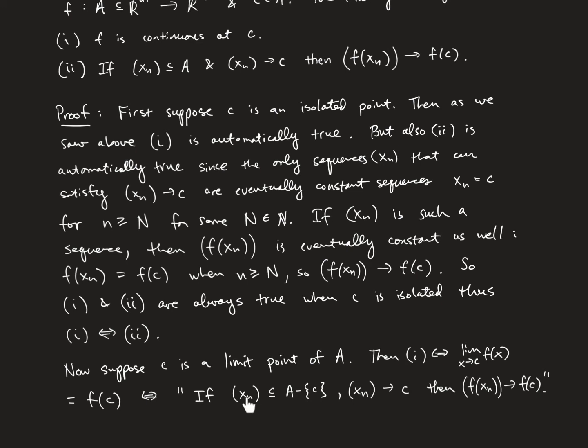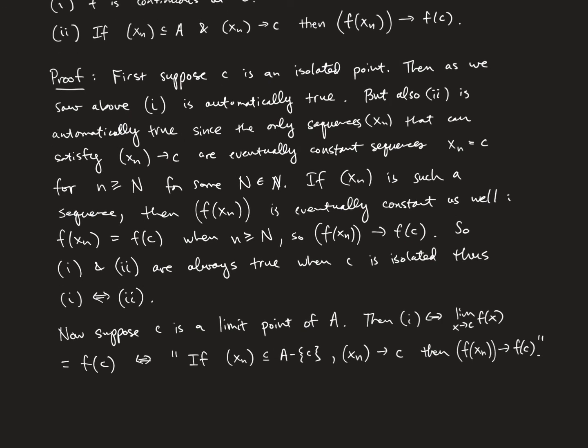And here we have a particular kind of sequence which is drawn from A and converging to C. So this is just a subset of the possible sequences in 2. So then clearly 2 implies 1. So we need to argue the reverse.